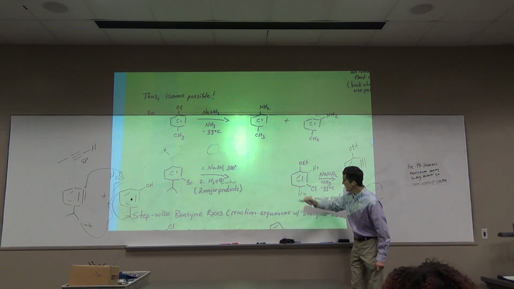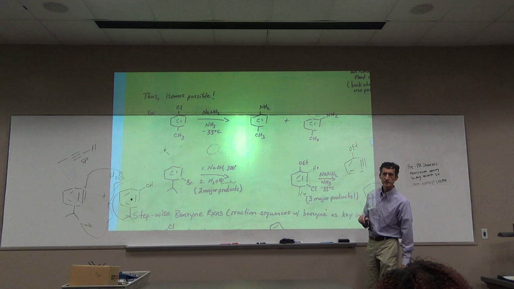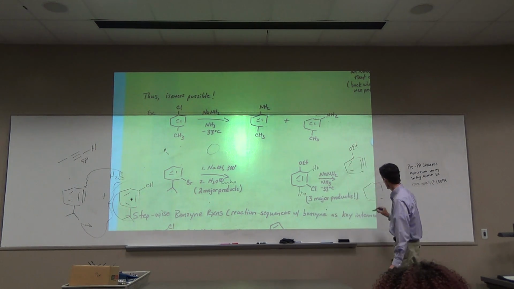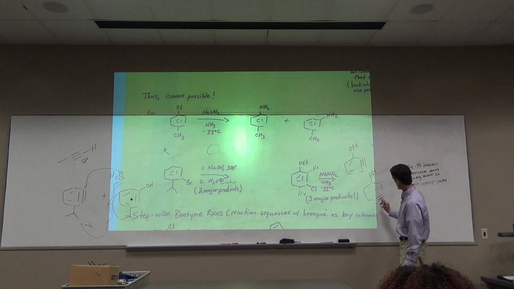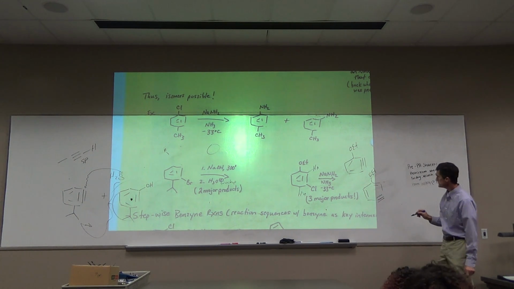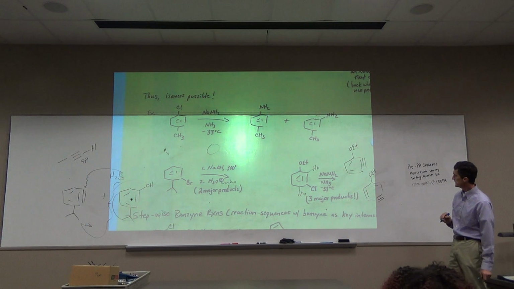That's just because you want to start with your pi bonds drawn in differently. Of course, neither one is correct. But you can end up with a triple bond over here, and if the triple bond's there, the other two would be here and here. Two different benzynes.